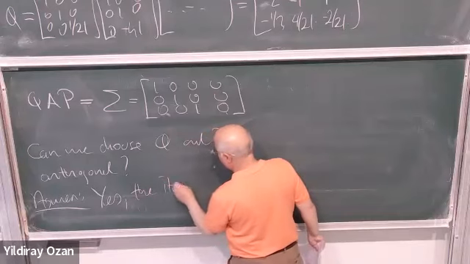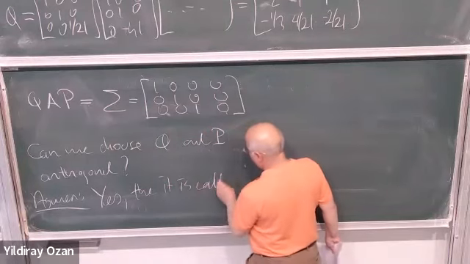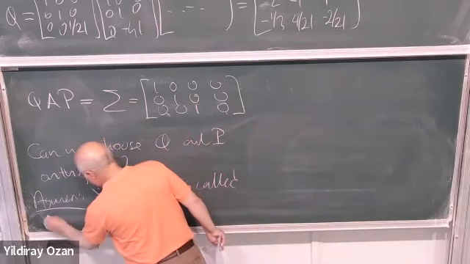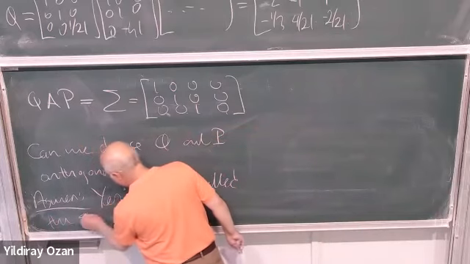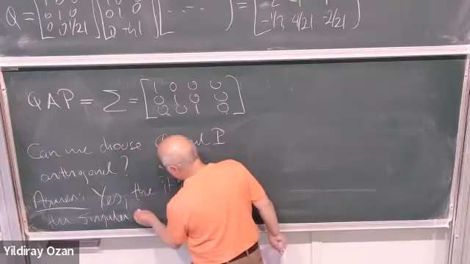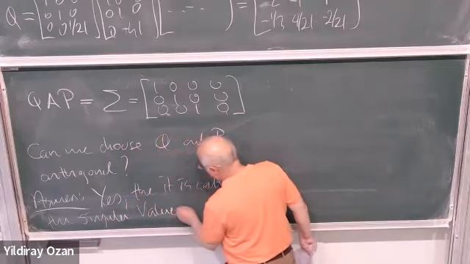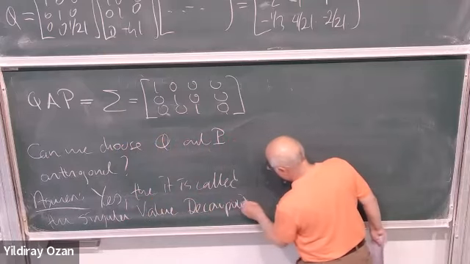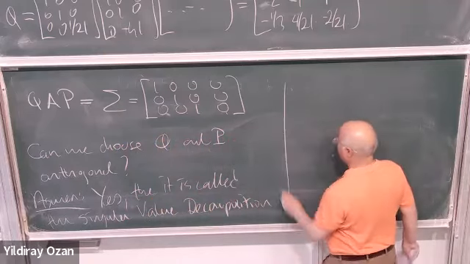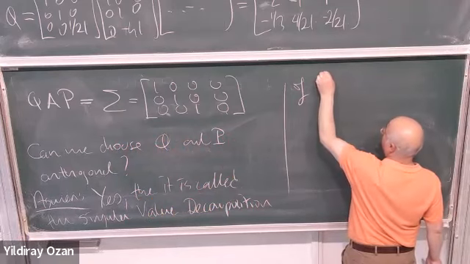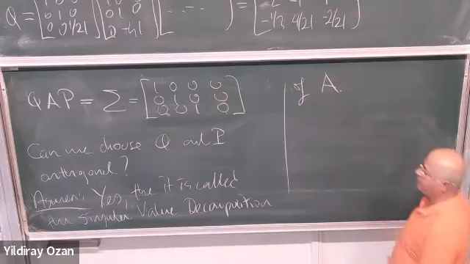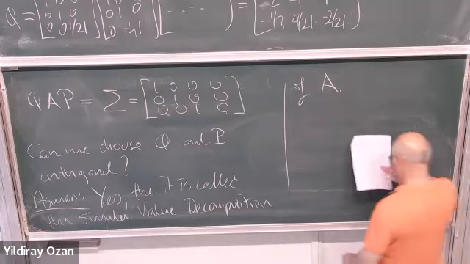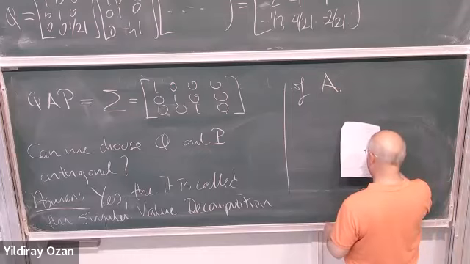It is called the singular value decomposition of A. Okay. So we will write something like this.